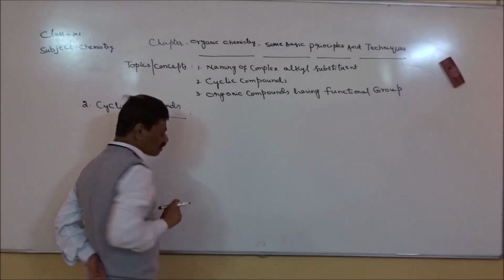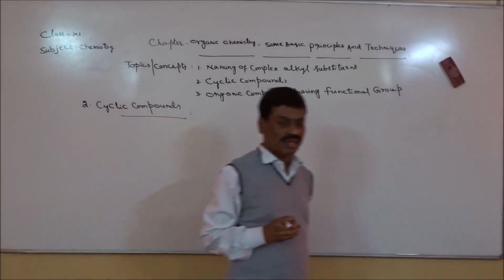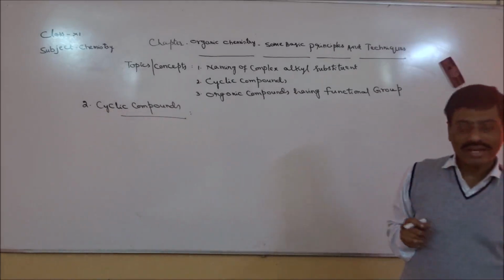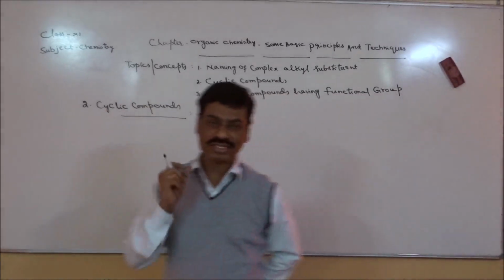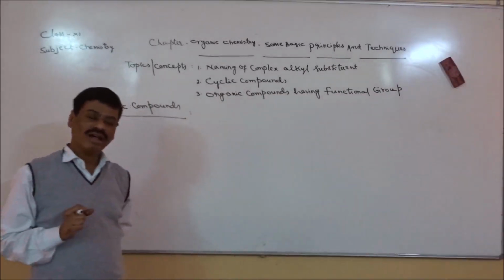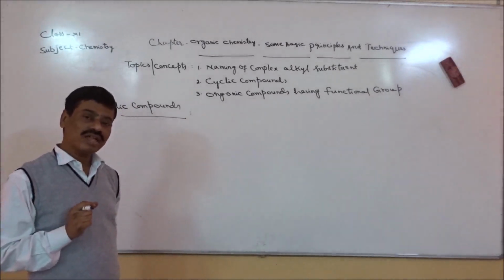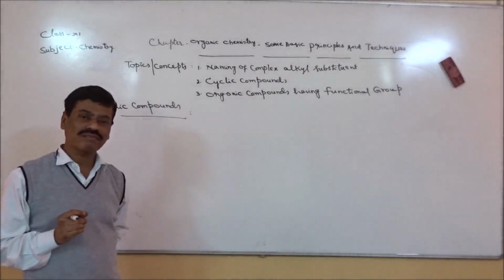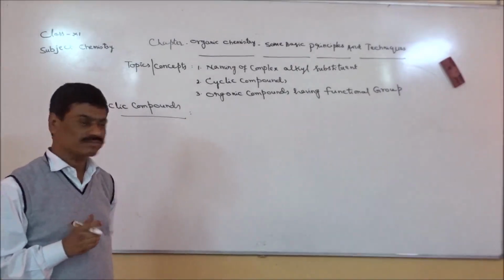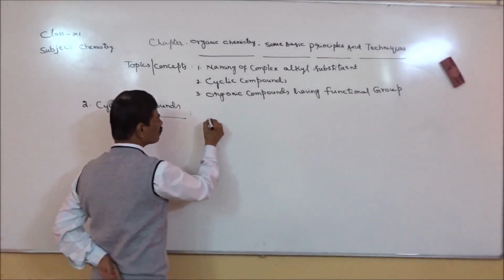If we take such a ring compound, we should write the prefix cyclo first to that compound. As the ring doesn't contain any pi bond, the name will end with the suffix ane. Now let us see some examples.